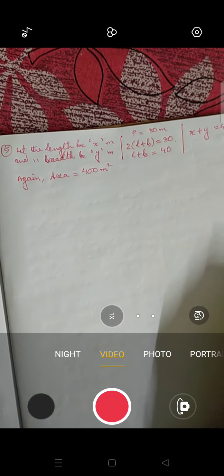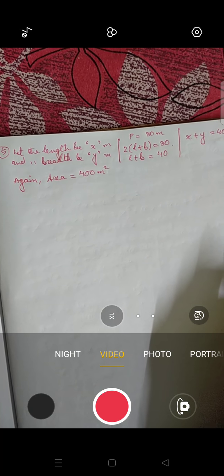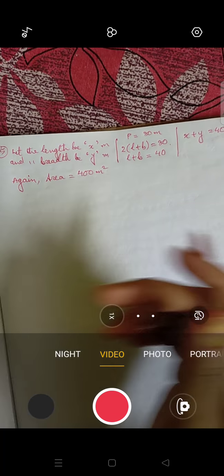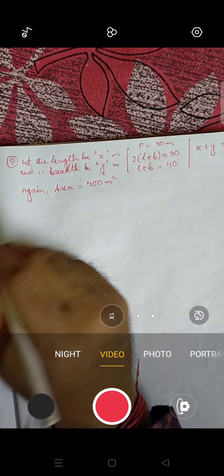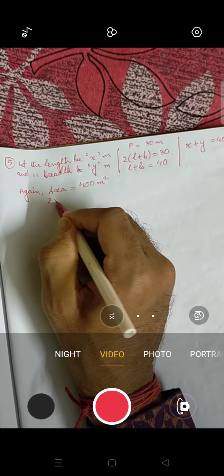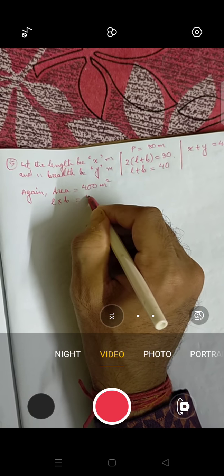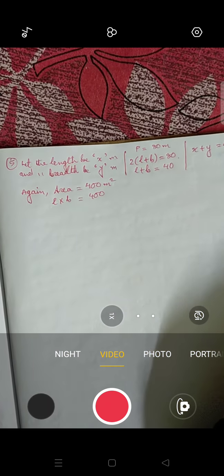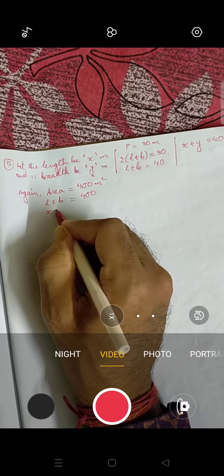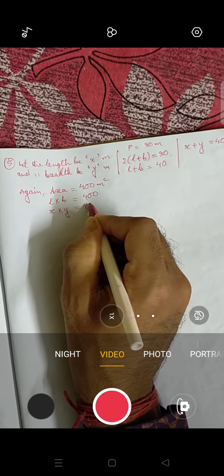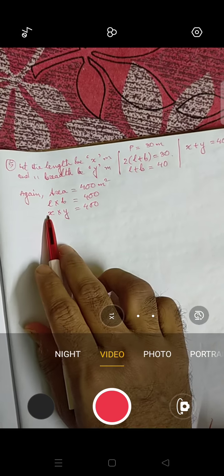Area of a rectangle is L into B, so L into B equals 400. L means x, and breadth means y, so you have x into y equals 400.